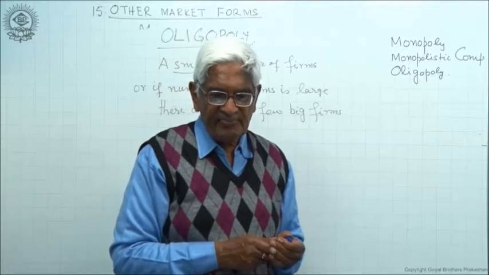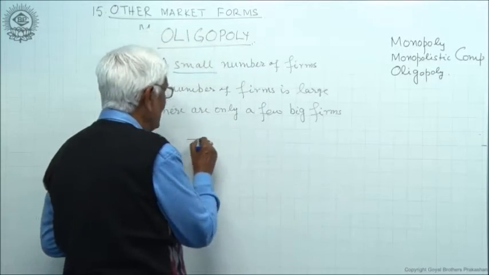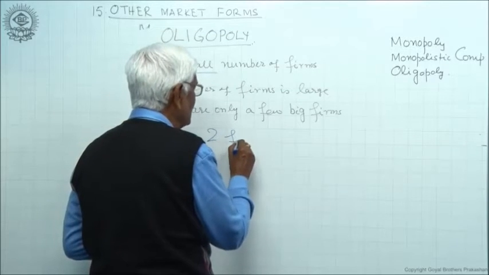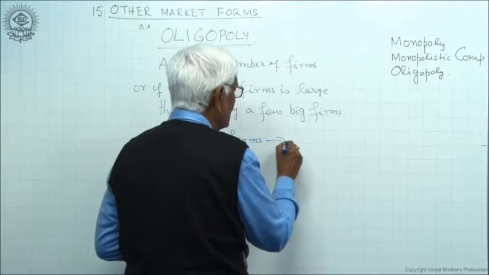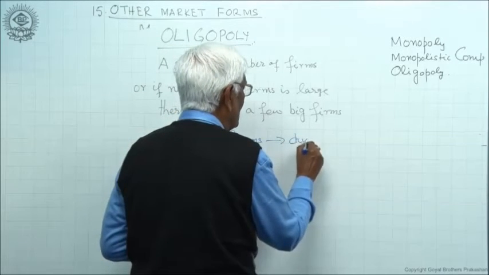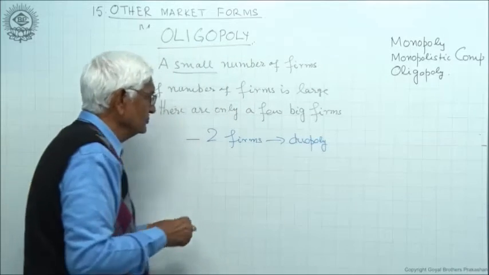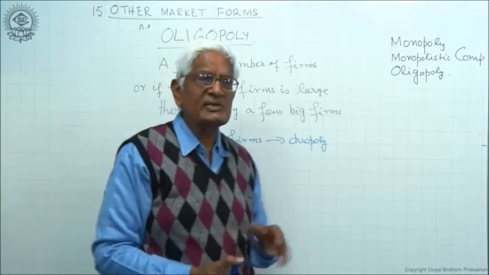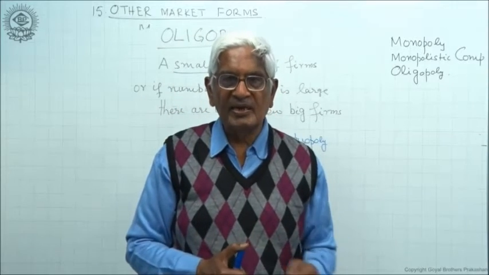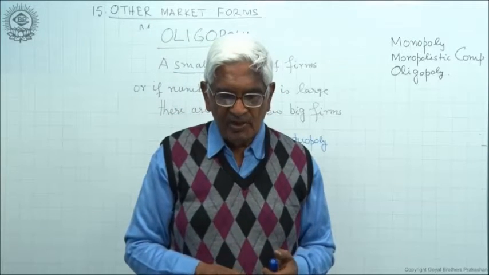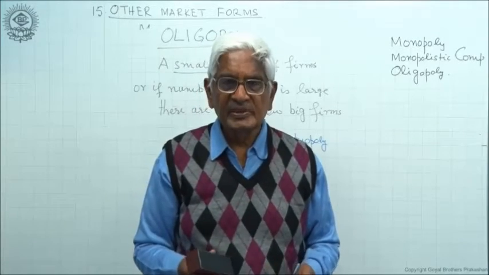Now before we take up the features, suppose there are only 2 firms, this is also few. We call it a special case of oligopoly, duopoly. So remember, duopoly is also oligopoly, but it's a limiting case, the lower case of oligopoly. It is just for the sake of knowledge and nothing else.